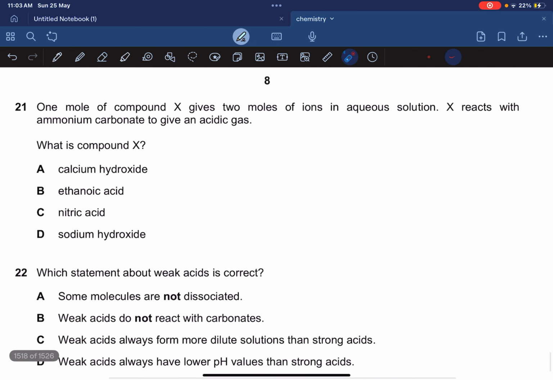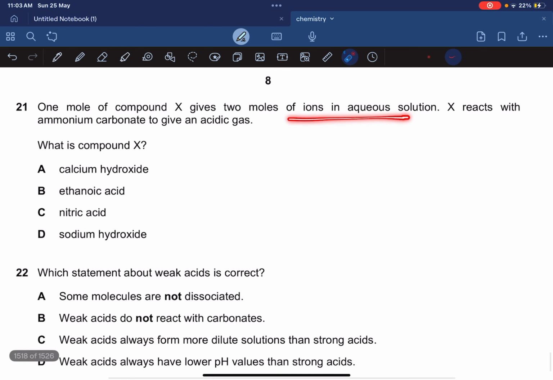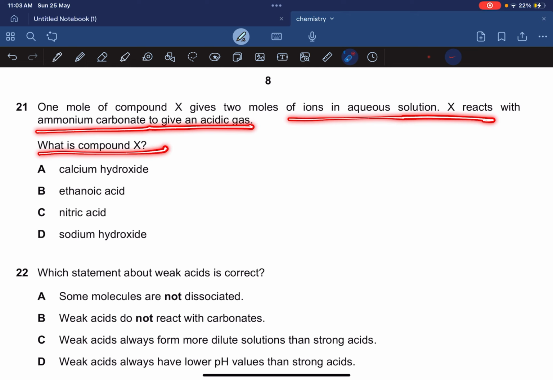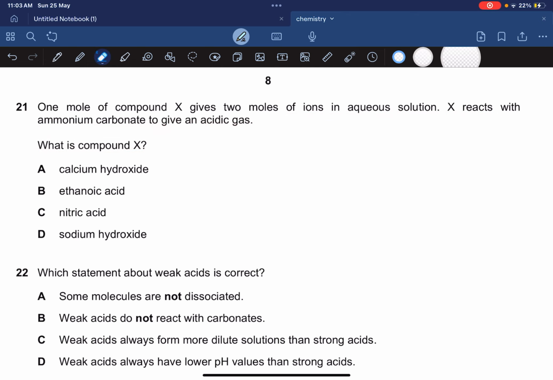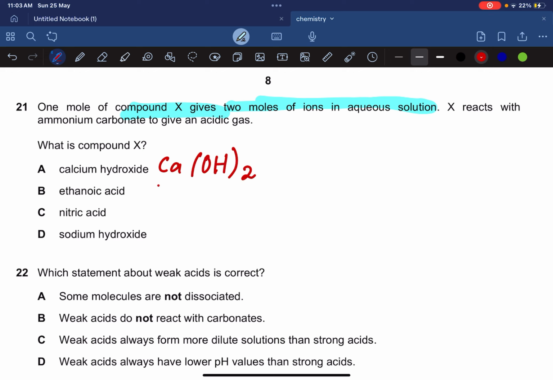1 mole of compound X gives 2 moles of ions in aqueous solution. X reacts with ammonium carbonate to give an acidic gas. What is compound X? The options are calcium hydroxide, Ca(OH)2, ethanoic acid, CH3COOH, nitric acid, HNO3, and sodium hydroxide, NaOH.